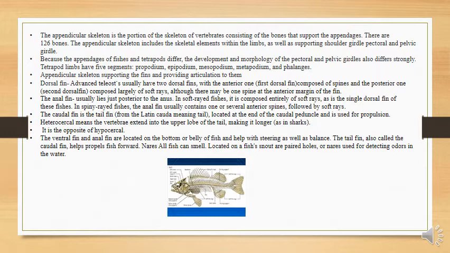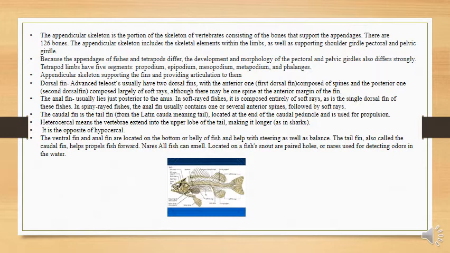The appendicular skeleton includes the skeletal elements within the limbs as well as supporting shoulder girdle, pectoral and pelvic girdle. Because the appendages of fishes and tetrapods differ, the development and morphology of the pectoral and pelvic girdles also differ strongly.